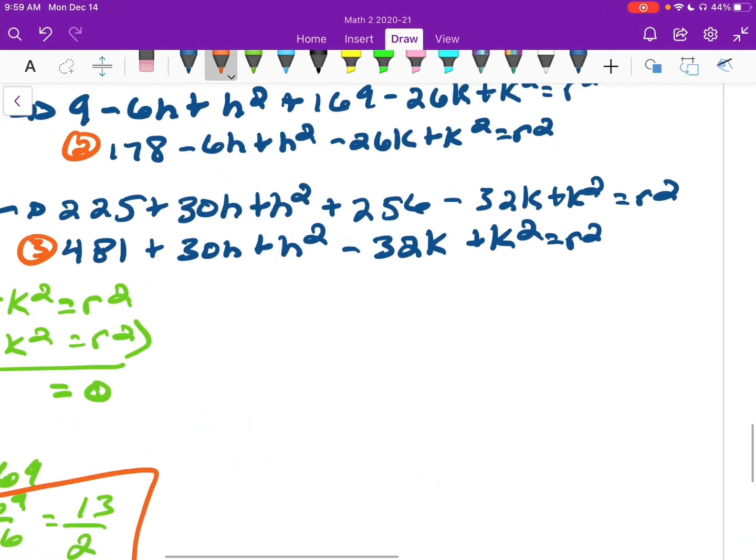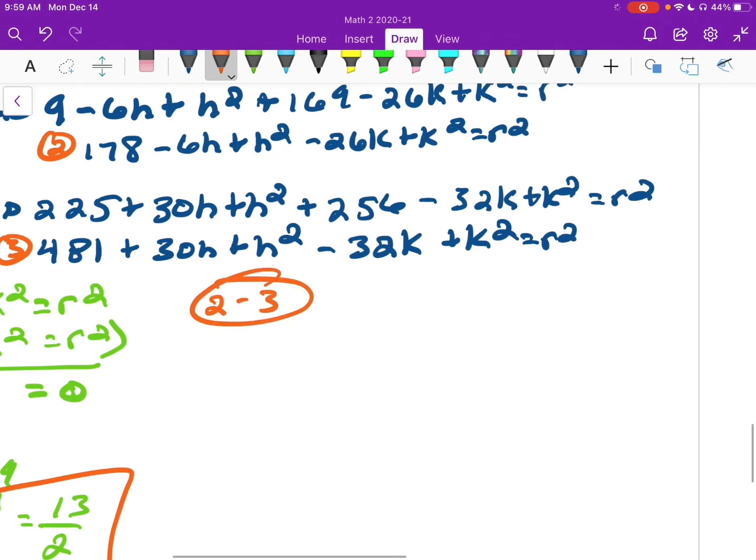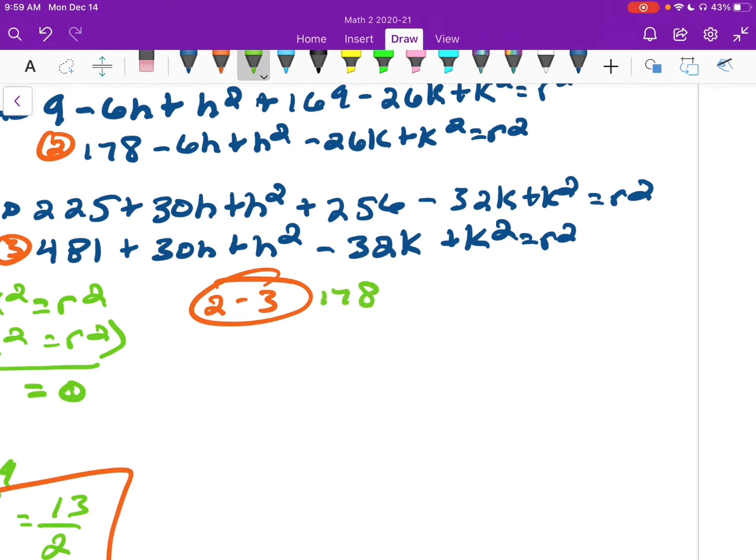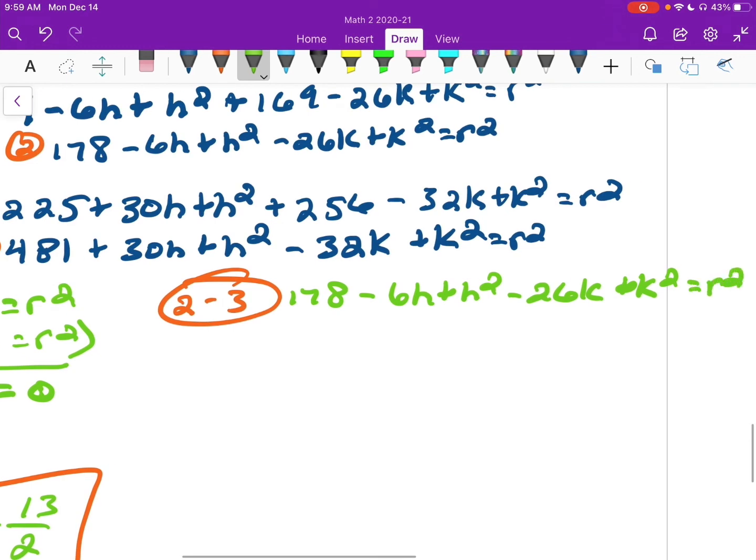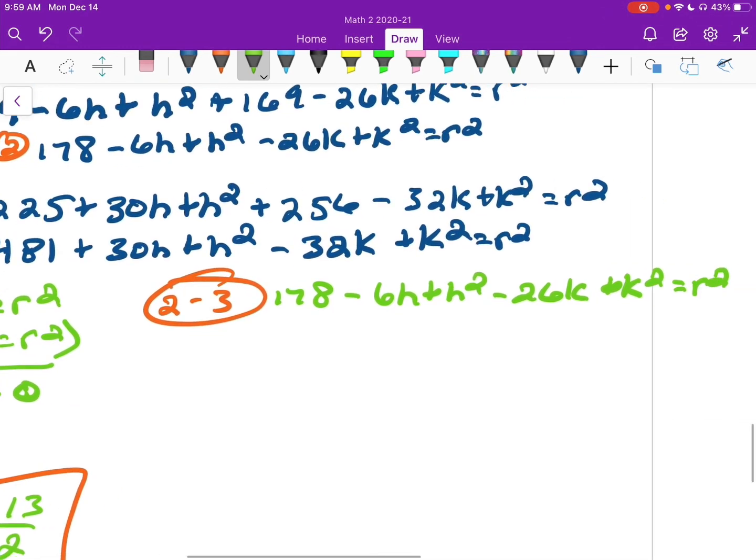Next up, I'm going to do another subtraction, so I'll do 2 minus 3 because they're the easiest ones for me to see whenever I zoom in. I will have 178 minus 6h plus h squared minus 26k plus k squared is r squared. And then equation number 3 is 481 plus 30h plus h squared minus 32k plus k squared equals r squared.